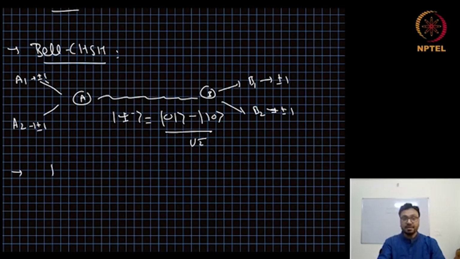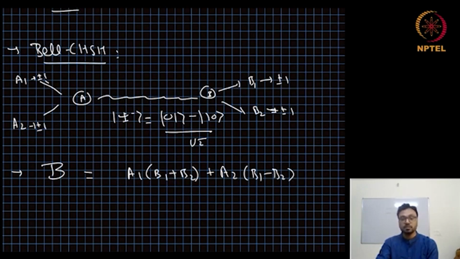So now we define a quantity, let us call it calligraphic B, which is A1 outcome times (B1 plus B2) plus A2 times (B1 minus B2). So whatever outcome we get for A1, A2, B1, B2, we plug it in here and we get the value, and then we take the average of it and the mod of it.